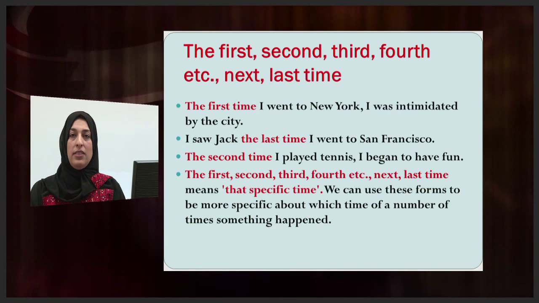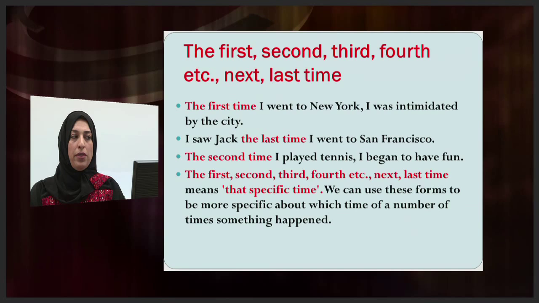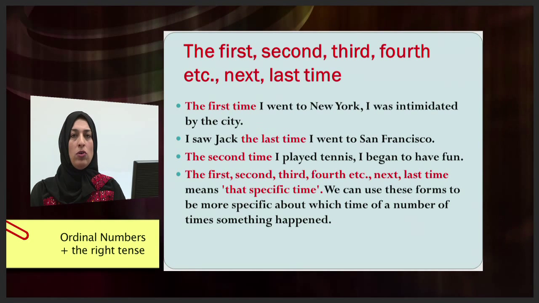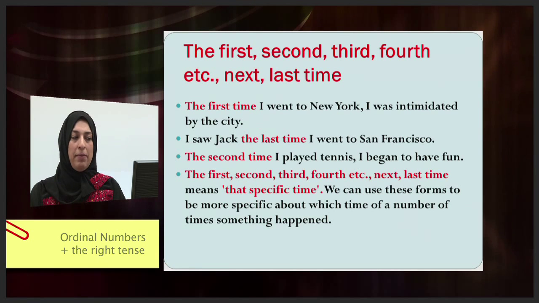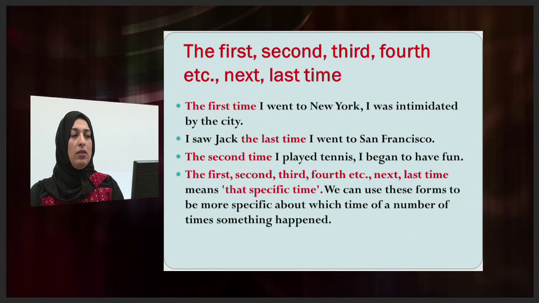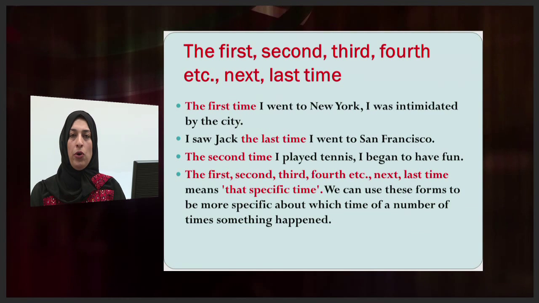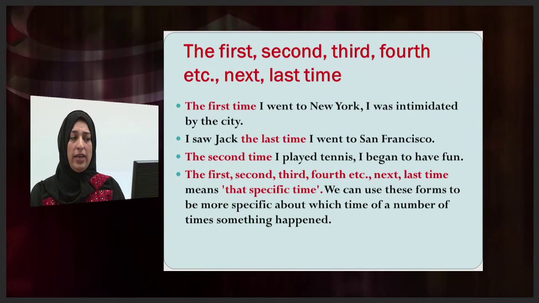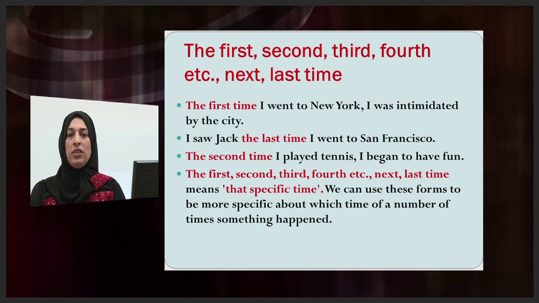The first, second, third, fourth, etc., next and last time are also some adverbial time clauses. Examples, the first time I went to New York, I was intimidated by the city. I saw Jack the last time I went to San Francisco.